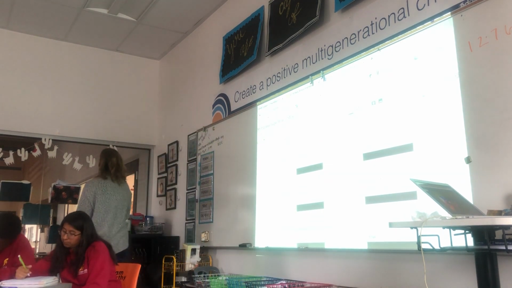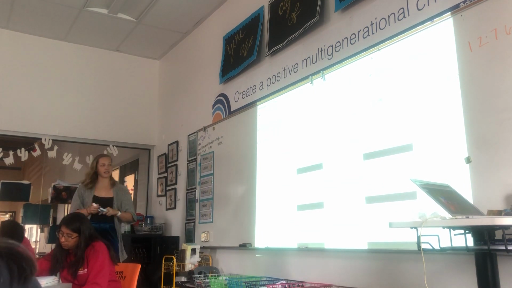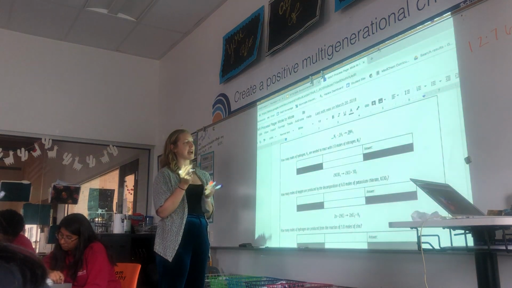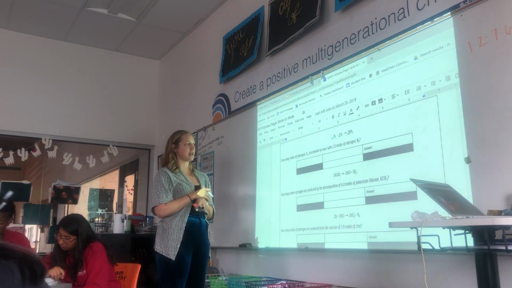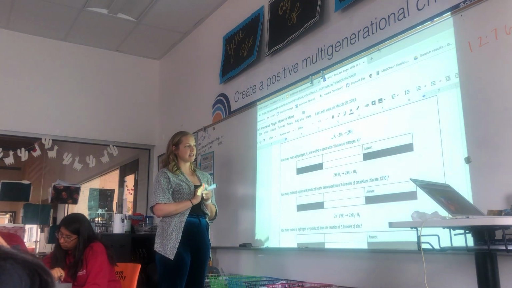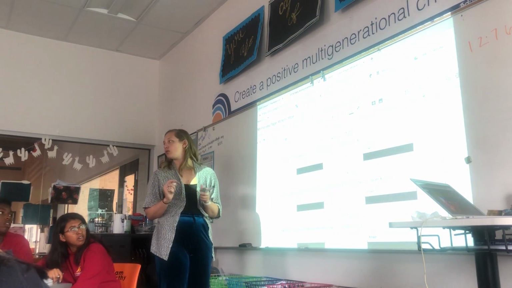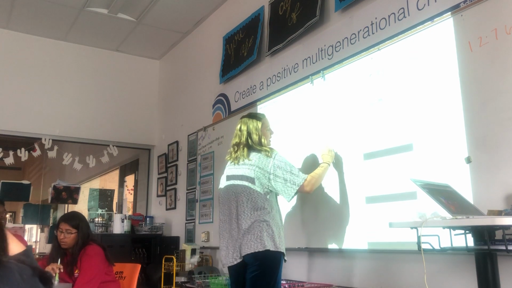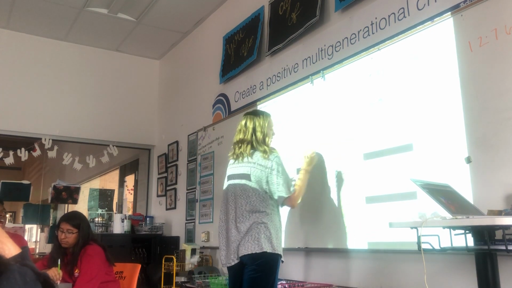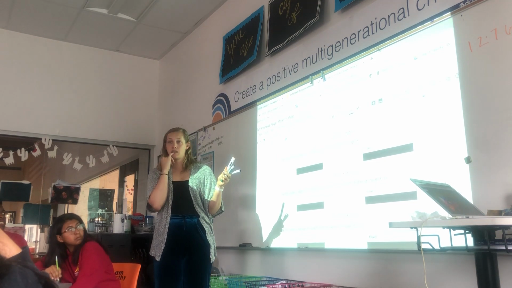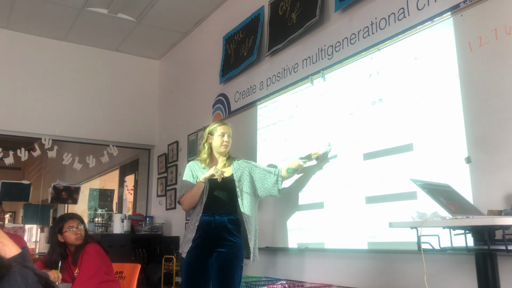But now I'm going to look at my problem and actually see what it's asking. This says how many moles of hydrogen are needed to react with 2 moles of nitrogen. So what is my given? 2 moles of nitrogen. And how do you know that that's my given? Because it gives me a number.